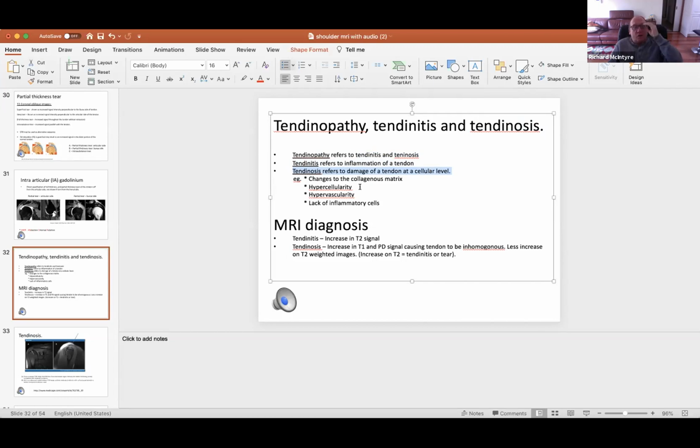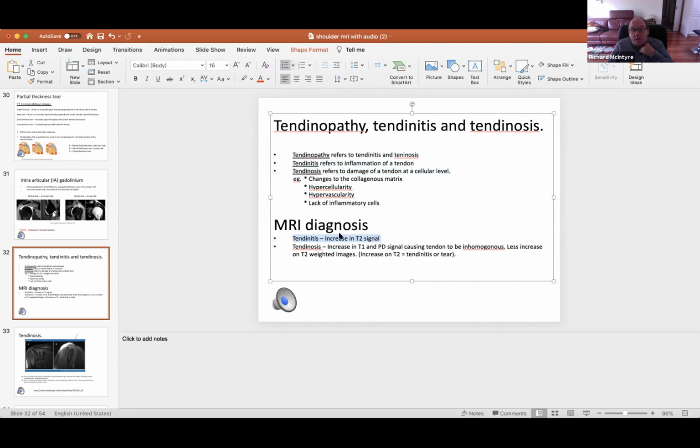So it's got hypercellularity, so increased cells, hypervascularity, increased blood supply, and a lack of inflammatory cells.